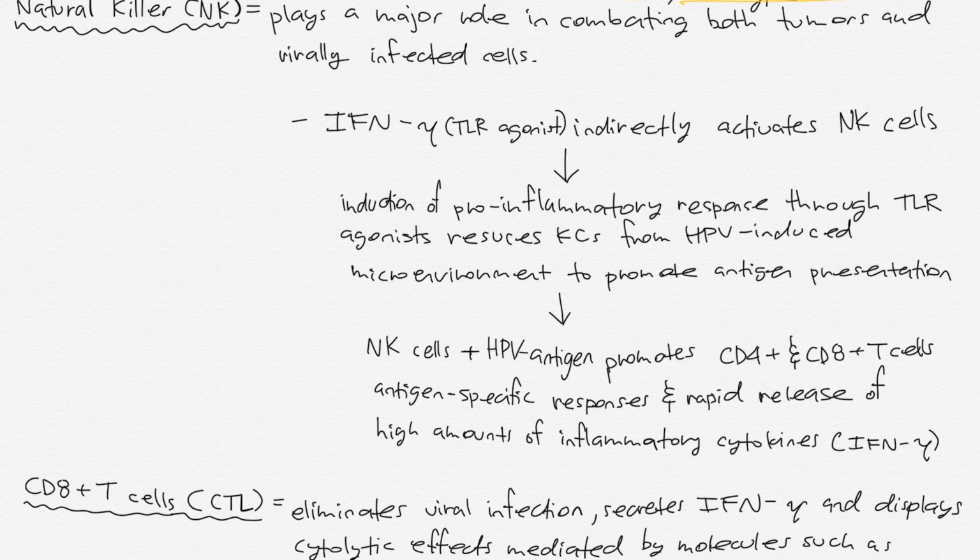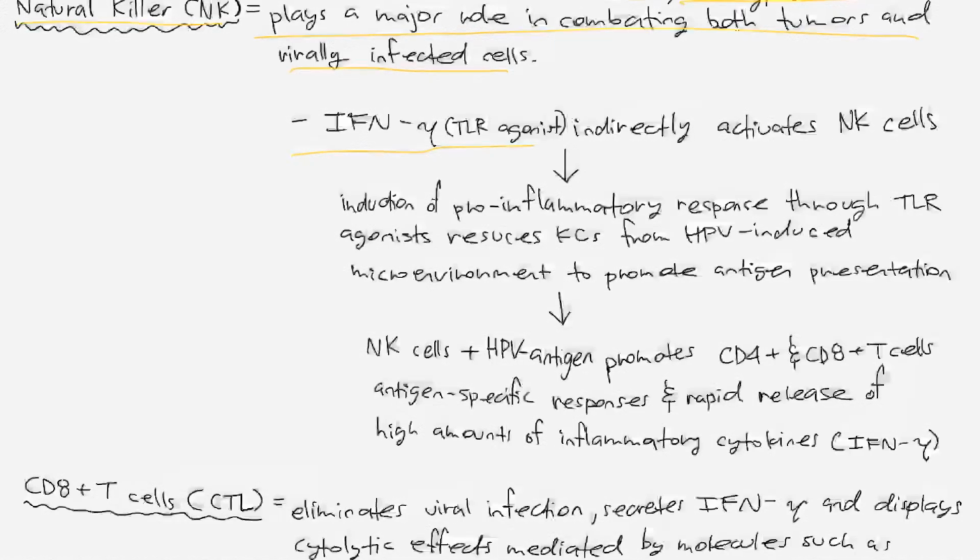Another type of immune cell that helps combat HPV infection are natural killer cells. NK cells play a major role in combating both tumor and virally infected cells. IFN gamma, which is a TLR agonist, indirectly activates NK cells.